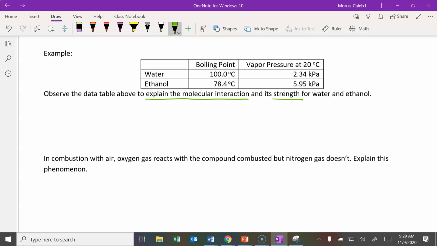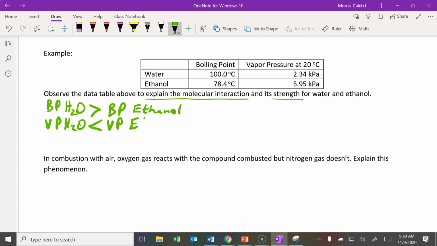So we could say, again, the boiling point of water is greater than the boiling point of ethanol. And we could say that the vapor pressure, let's just call it VP, of water is less than the vapor pressure of ethanol. Both of these facts point to the same thing.